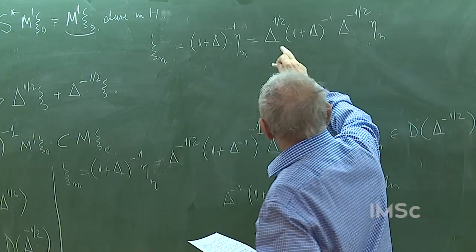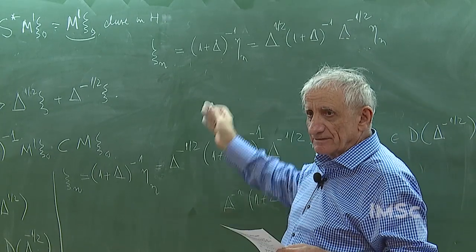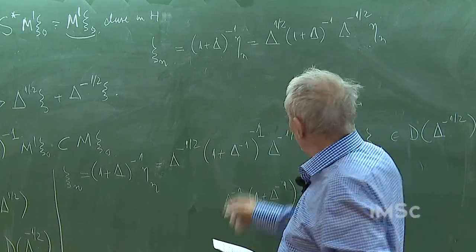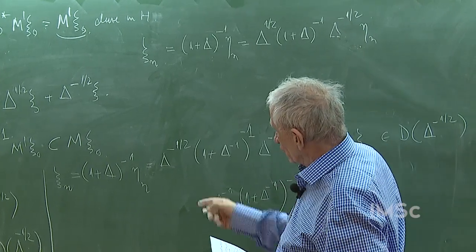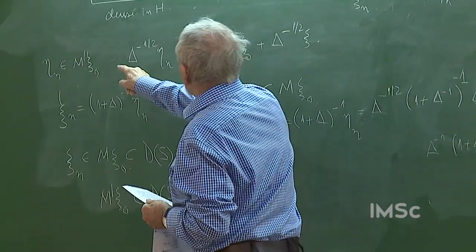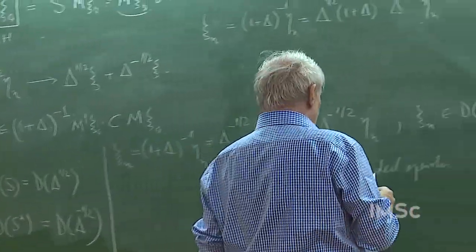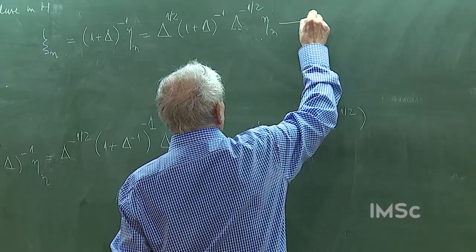There is no trick here. Delta 1/2 and delta minus 1/2, they cancel each other. And I can put delta minus 1/2 of eta n because I saw that the eta n is in M prime psi naught.